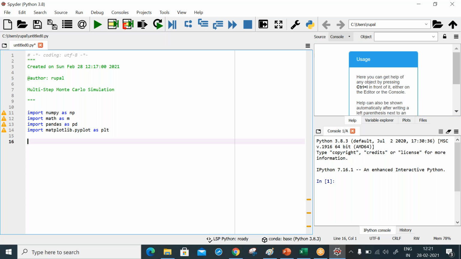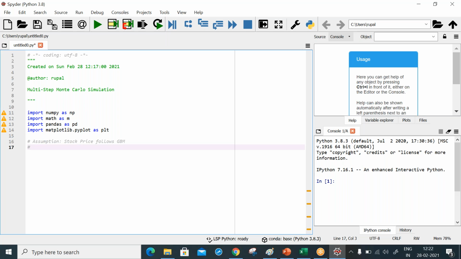We have imported libraries till now. Now, I can always use the hash symbol to put comments in my code. So I'm putting comments where I'm writing the assumption: the stock price follows GBM. That is one assumption.